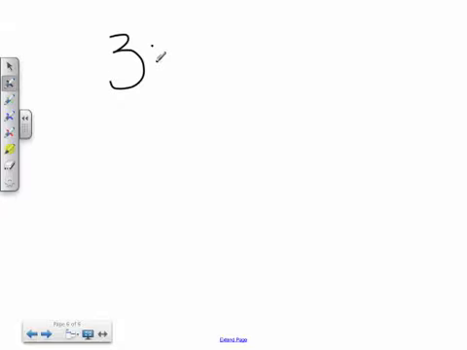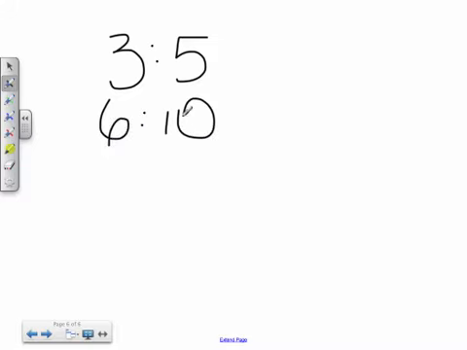Before we move on, I just want to talk really quickly about what it means to have a ratio be 3 to 5. That means that in simplest form, the ratio between the two numbers will be 3 to 5. For example, 6 to 10 is the same thing as a ratio of 3 to 5, because I multiplied 3 and 5 by a common factor, which is 2.